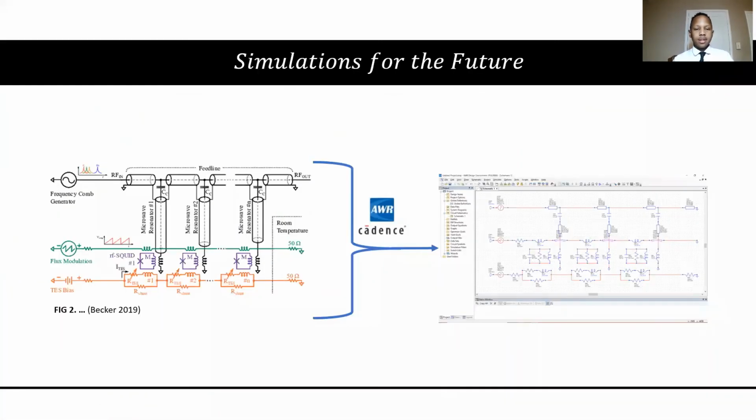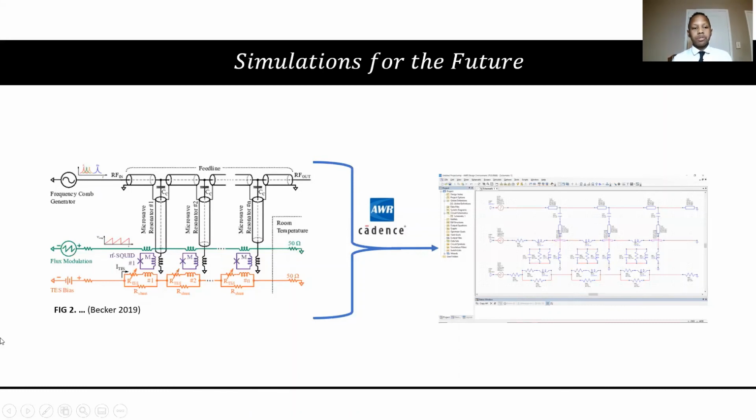Cadence. Right. So my future goals are preferably to continue doing this research. It was a thrill to be able to work on this, and it was a thrill to be working on Cadence itself, right? AWR, the software that I use, and I'm very thrilled about the work.